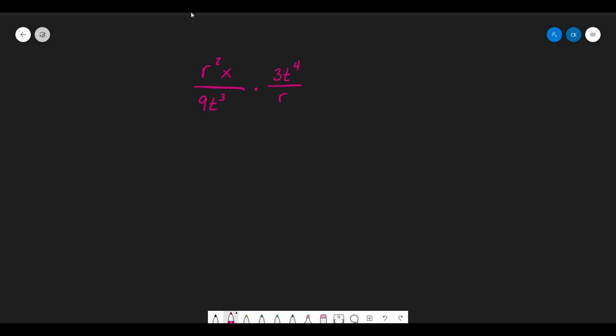Okay, so now obviously this is an example of multiplying our rational expressions. This is one rational expression here. This is another rational expression here. And we are obviously multiplying them together.